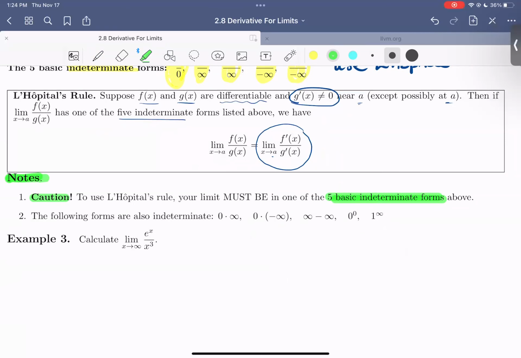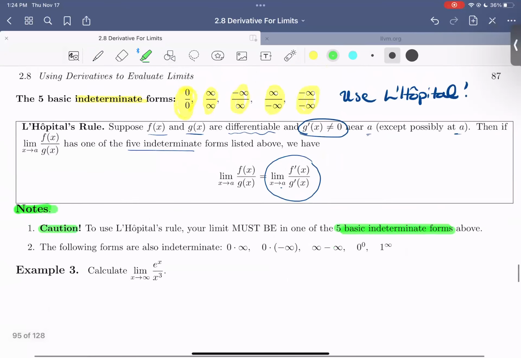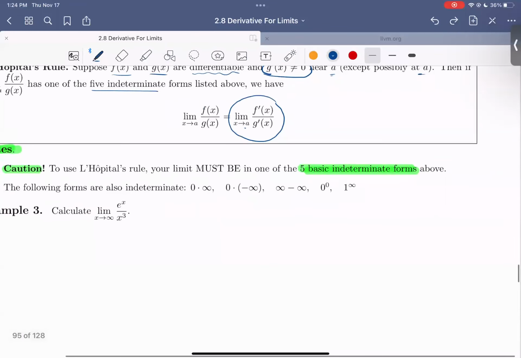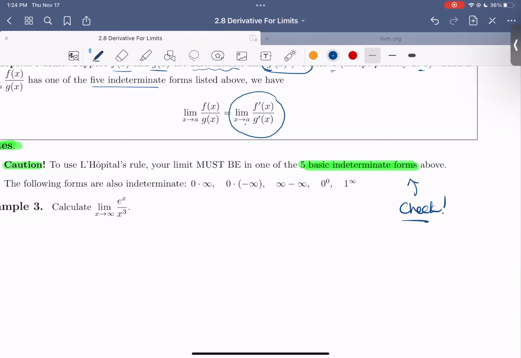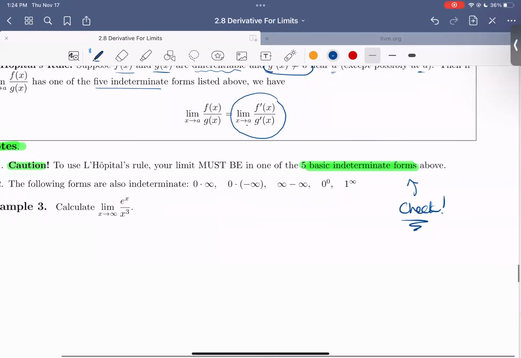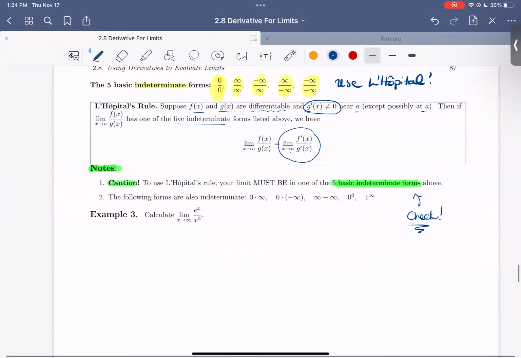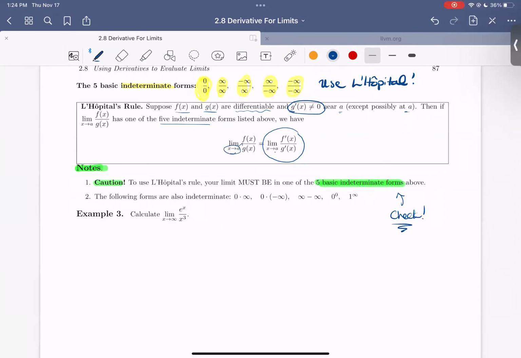Sometimes those functions do not have one of these forms, so we cannot use L'Hopital's rule. So only when we have one of these forms. It's really important that you check. You check if your function has one of those forms by plugging in the value that you want your limit to approach into the numerator and denominator and seeing if you have one of those forms.